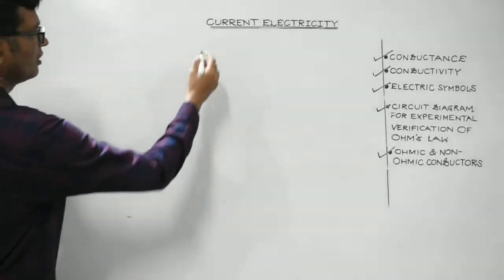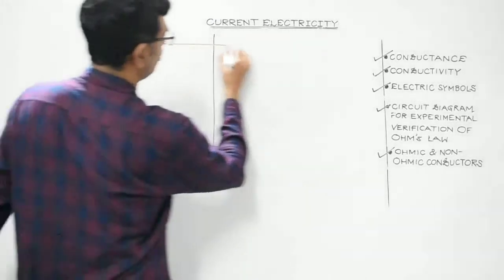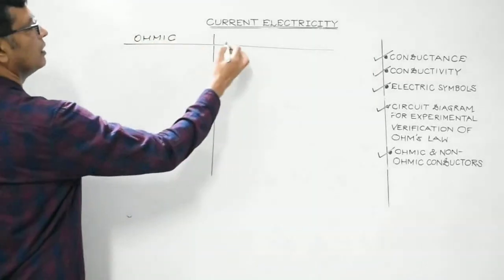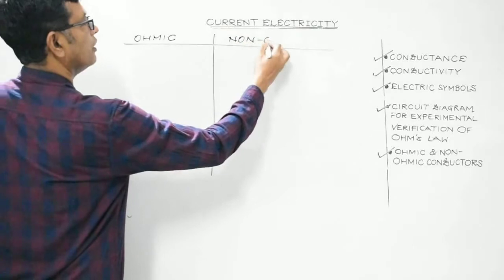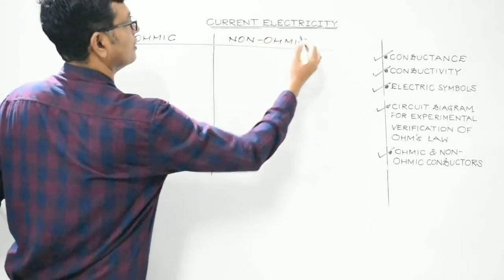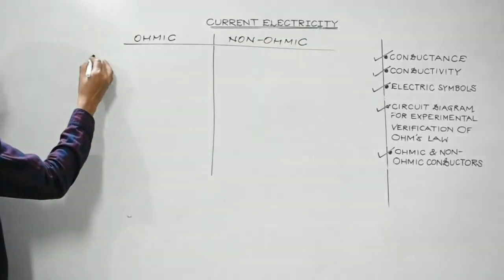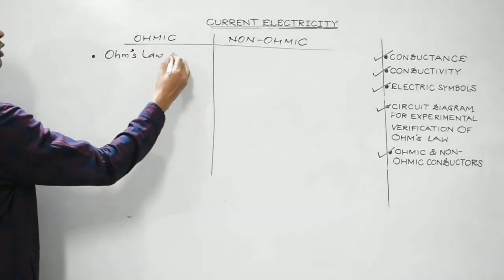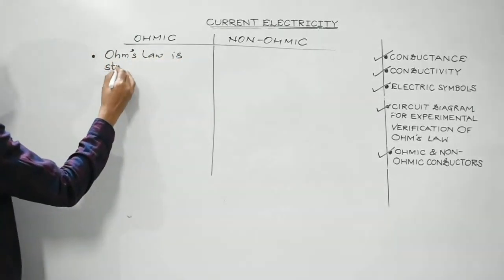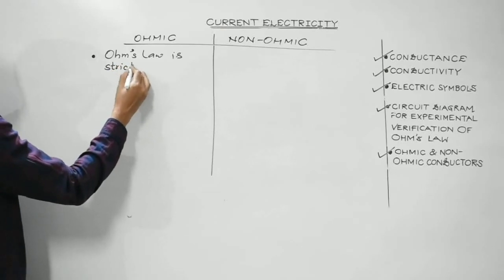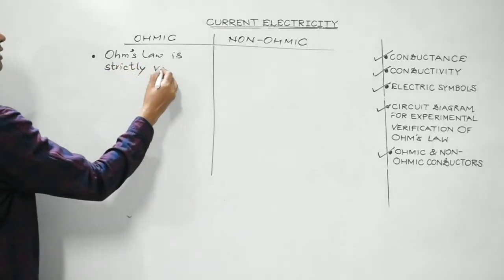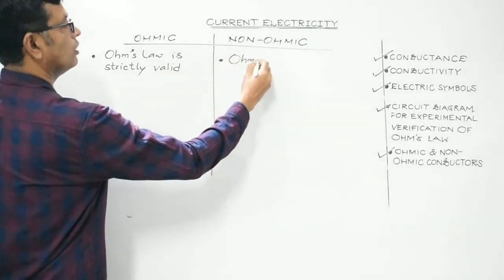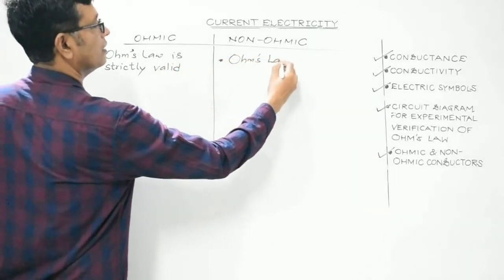So let's prepare 2 columns. This is for ohmic conductors and this one is for non-ohmic conductors. First and foremost, these are the conductors in which Ohm's law is strictly valid or applicable. And here Ohm's law is not valid.